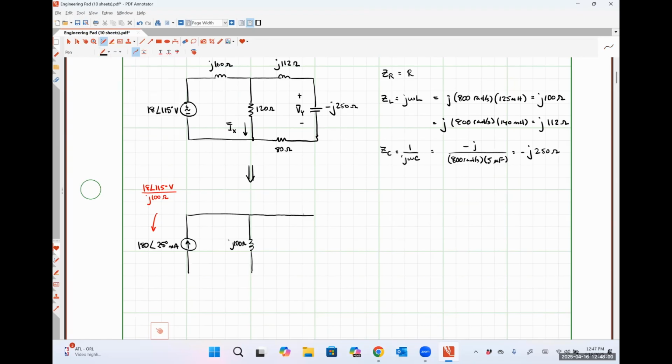Now I have my 120 ohm resistor over here. Here's j112 ohms of inductance. Minus j250 ohms for my capacitance.